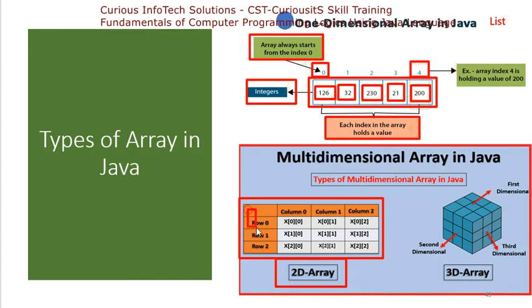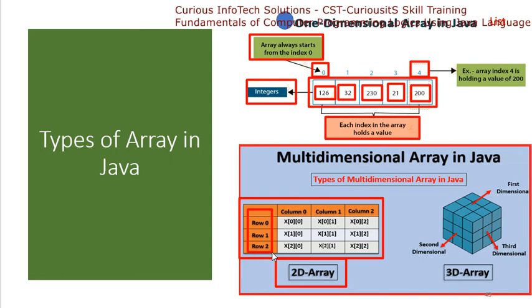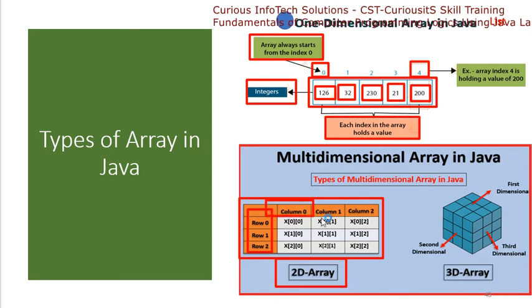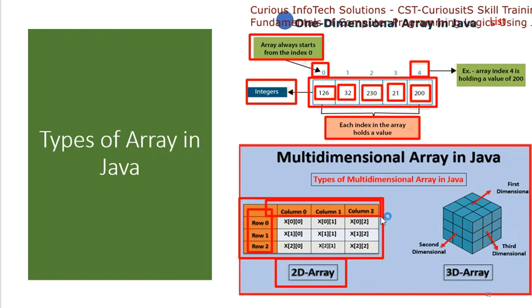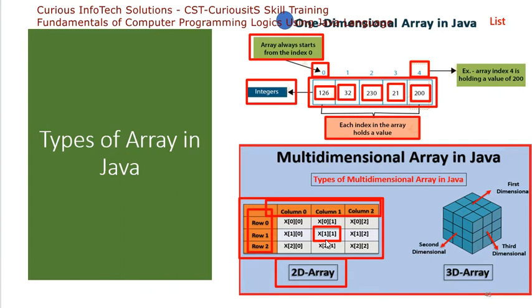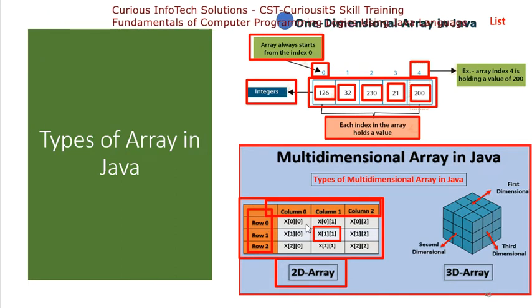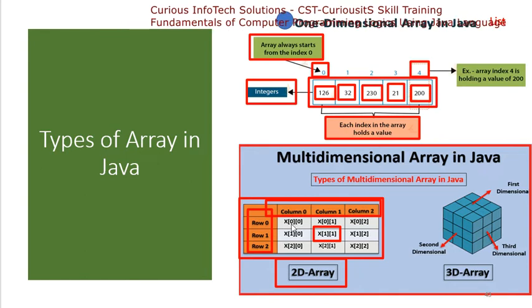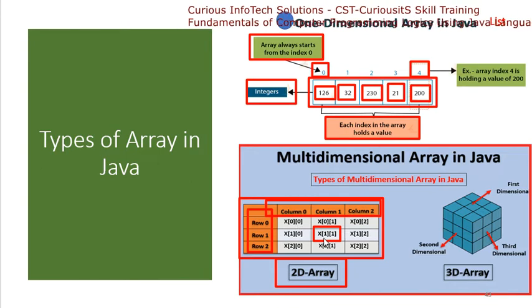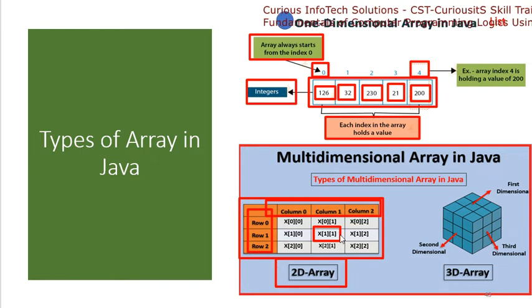So I have 3 rows: row 0, row 1, row 2, starting from 0. It is 3 columns: column 0, column 1, column 2. तो let I want to access this particular cell, है ना. So this cell has one row and one column. It will be a matrix. So I can say at 1 1 there is a value, and we can access that value.